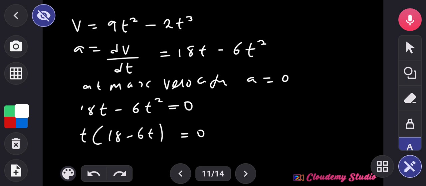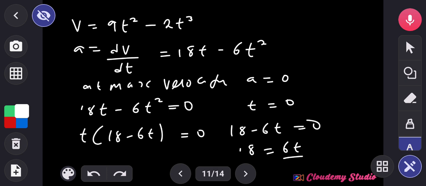It means that my time can either be equal to 0, which is not possible at maximum velocity, or 18 minus 6t can be equal to 0. Take this one back, it means that 18 will be equal to 6t. Divide both sides by 6, it means my time will be equal to 3 seconds. At time equals 3 seconds, that is where I attain my maximum velocity. That's what we are trying to say.